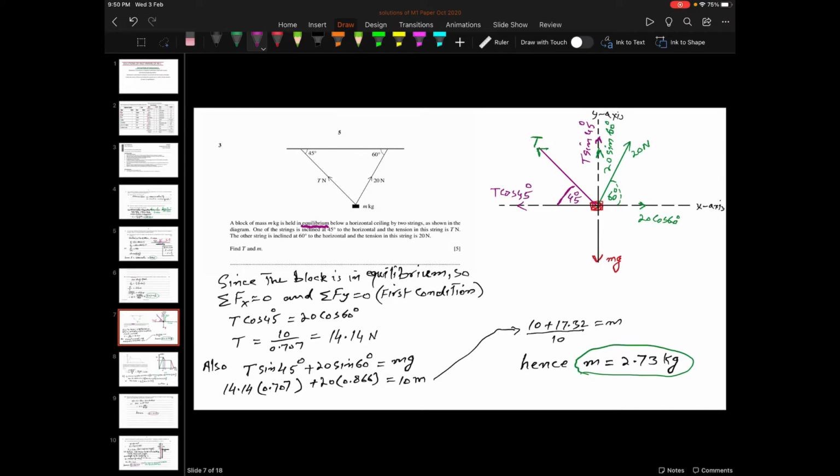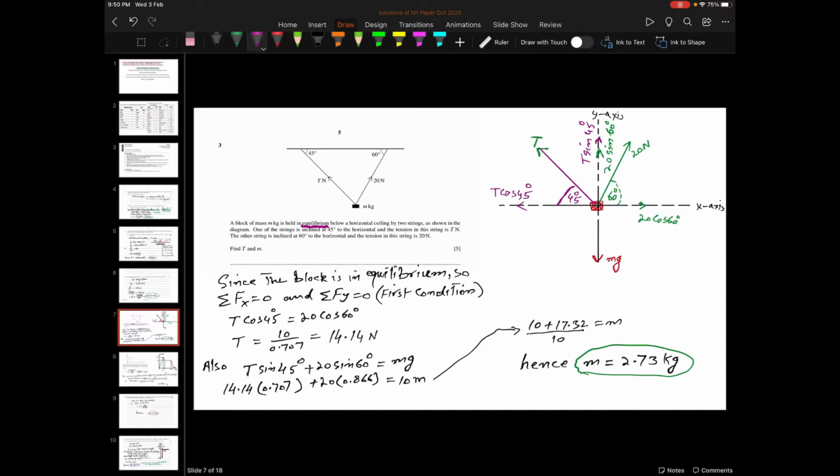Substitute the values of sin 45 and sin 60 and the value of g. We have 14.14 multiplied by 0.707 plus 20 multiplied by 0.866 is equal to 10m.